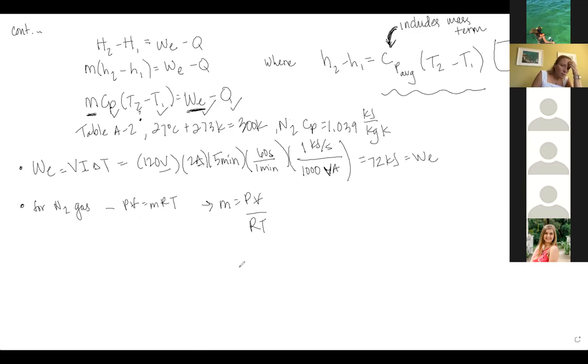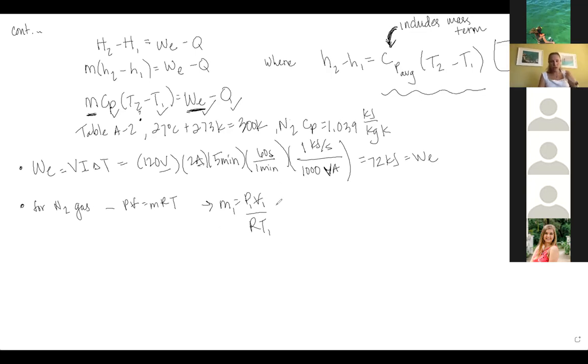So we can find the mass at state 1 by looking at pressure at state 1, which we know because it's constant pressure, volume at state 1, which is given, our temperature at state 1, which is given, and then R is a value that we can look up from a table. Mass at state 1 is going to be equal to mass of our whole system because this is a closed system. So we're able to use this equation to look at the mass of the whole system.